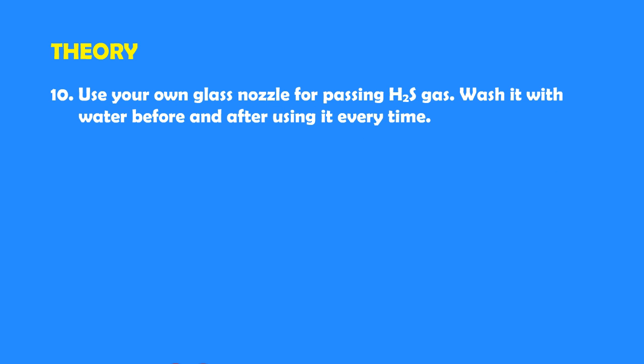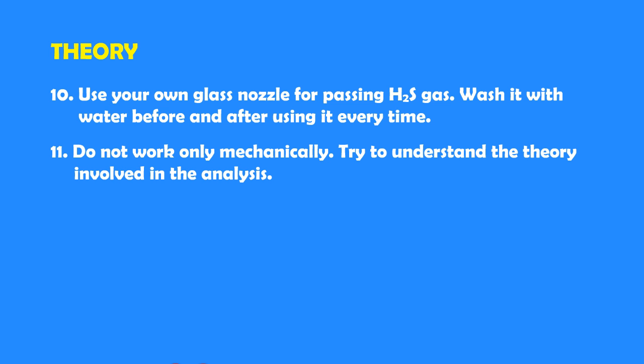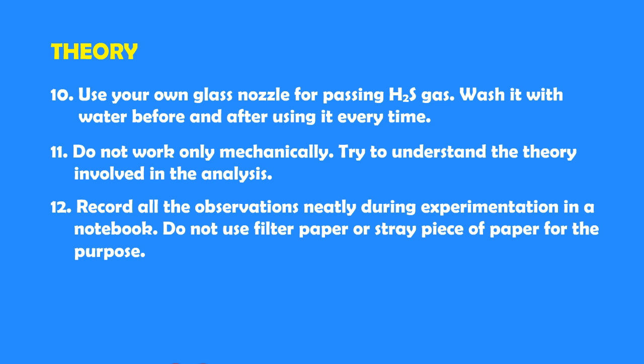Use your own glass nozzle for passing H2S gas. Wash it with water before and after using every time. Do not work only mechanically. Try to understand the theory involved in the analysis. Record all the observations neatly during experimentation in a notebook. Do not use filter paper or a stray piece of paper for the purpose.